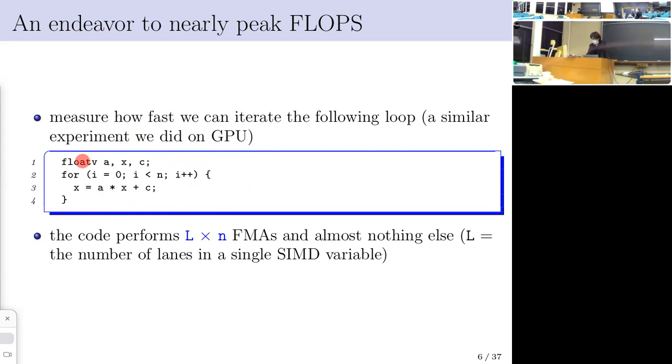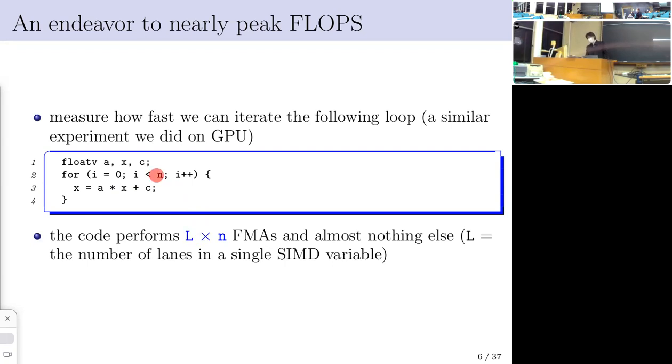So you already know SIMD, and without SIMD, you have no chance that you can get close to peak performance. So this loop is already vectorized. A single X plus C performs L FMAs, where L is the number of lanes.